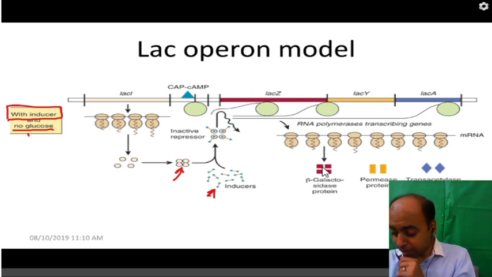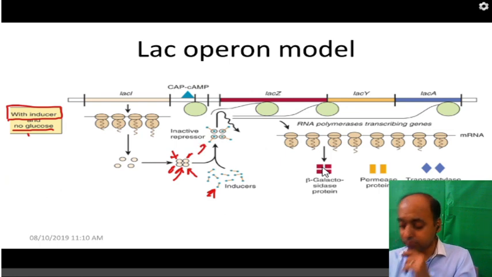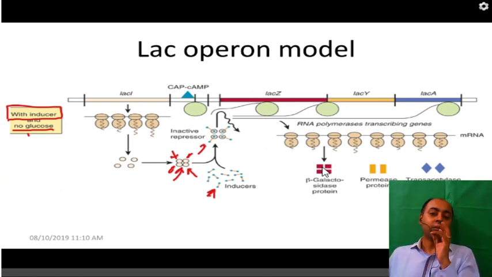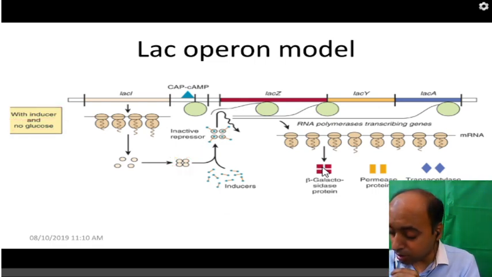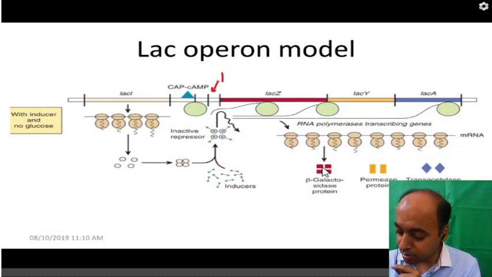So the inducer will combine with each of the members of the tetramer. As you can see, they are now separate because they are no longer a tetramer. They cannot go and block the promoter site any longer. So the promoter site will be empty.